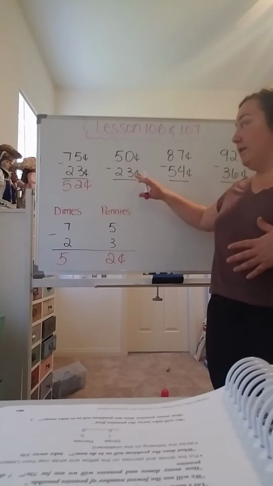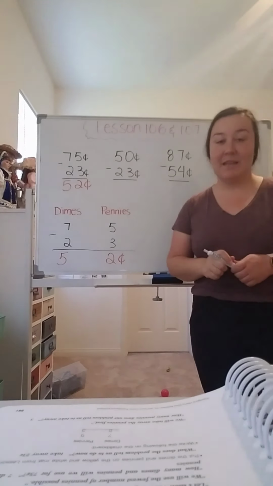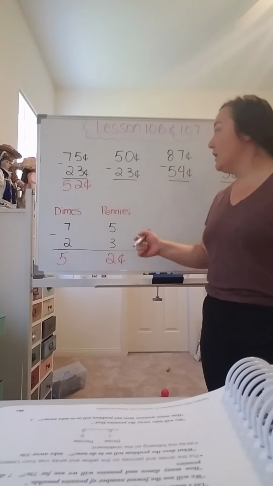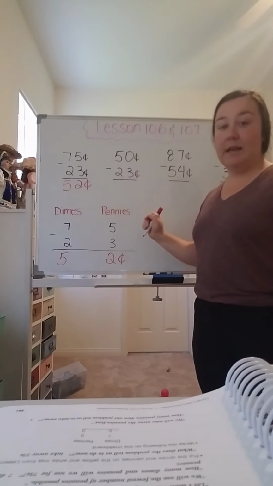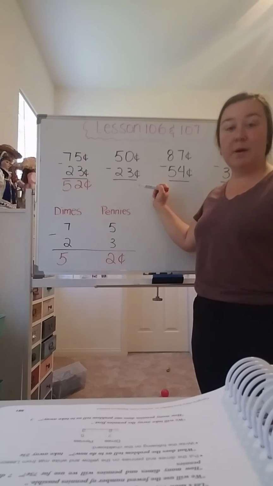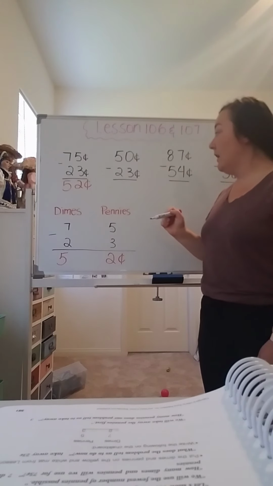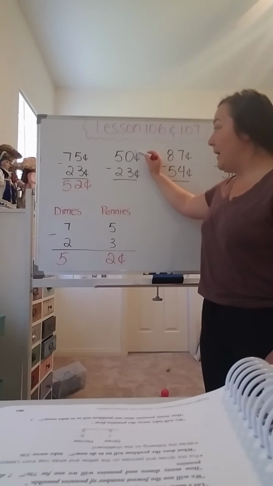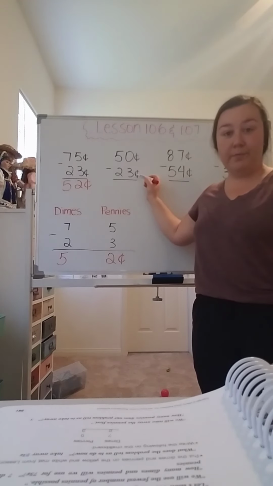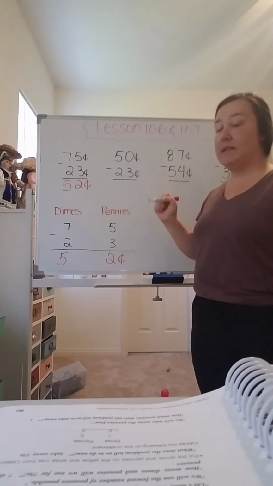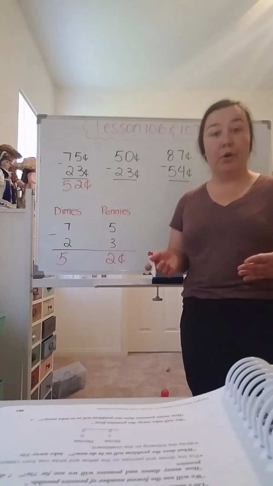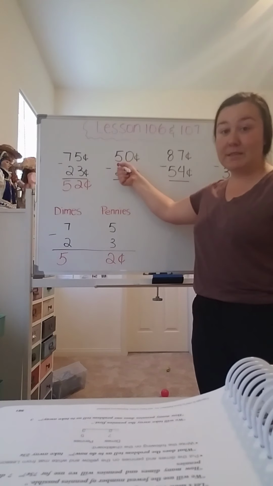Now, this one, 50 minus 23. This is where we're going to get into using our dimes and pennies. So we know that this side here is dimes and this side here is pennies. We have 50 minus 23. Well, do we have enough pennies here on the top to take 3 away from? No, we have 0 pennies here. So we're going to borrow from the dimes.